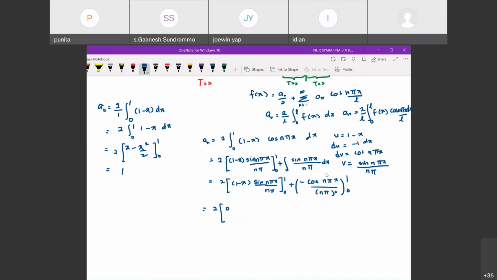So 0 minus 1 minus 0, 1, sine 0. Cos n pi times 1 over n pi squared minus cos 0 over n pi squared.